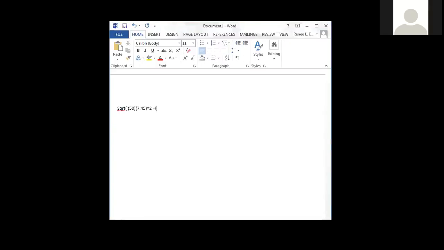Plus 50, N2, times the standard deviation of the second group, which was 6.81. And that's what I saw most people did not square. All right? All of this divided by 50, N1 plus N2 minus 2.